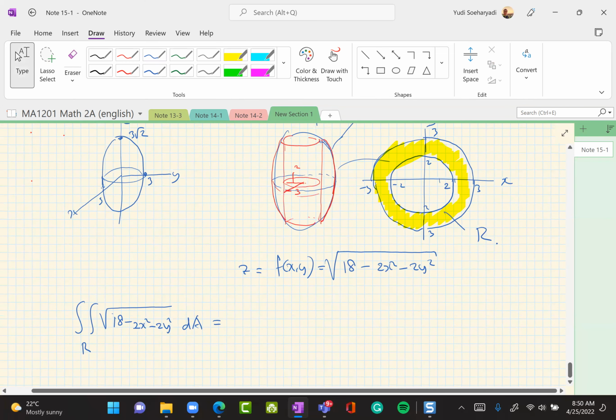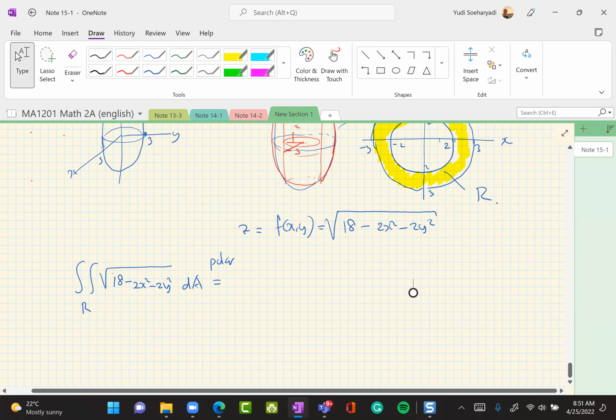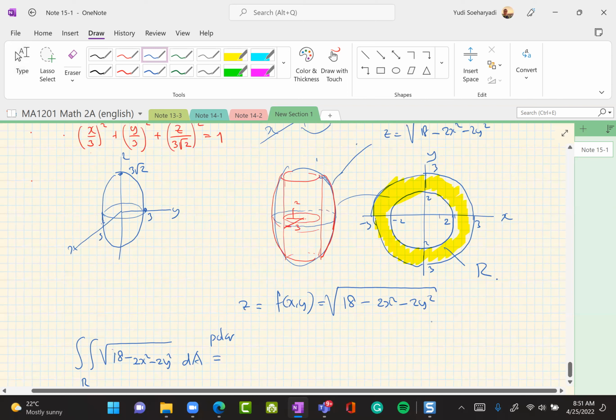All right, so let's change it to polar. In polar, this is a rectangle. Why? Because r is between 2 and 3, and theta from 0 to 2 pi. That's easy.